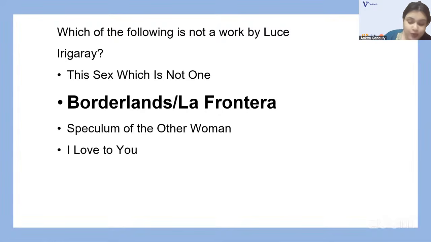Anzaldua was an American philosopher and scholar of Chicana feminism, cultural theory, and queer theory.